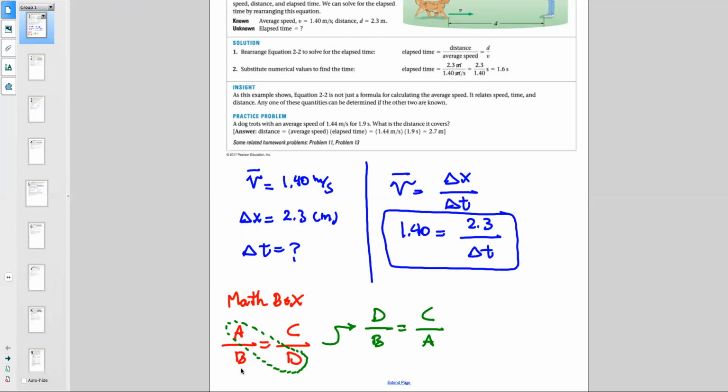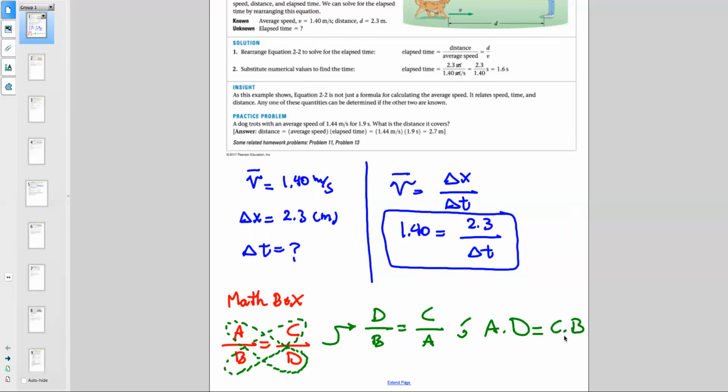You can also write it in this way: the other true formula is A times D equals C times B.